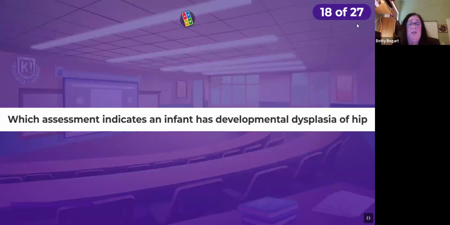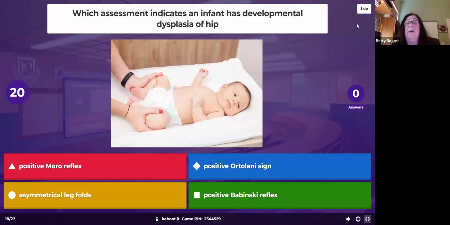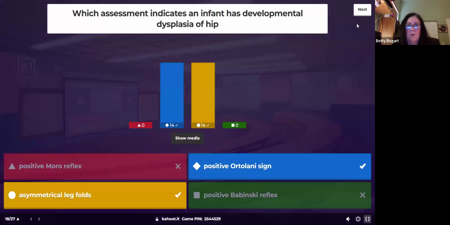Which assessment indicates an infant has developmental dysplasia of the hip? What would you see? So, developmental hip dysplasia, you're going to see those asymmetrical leg folds, or gluteal folds.